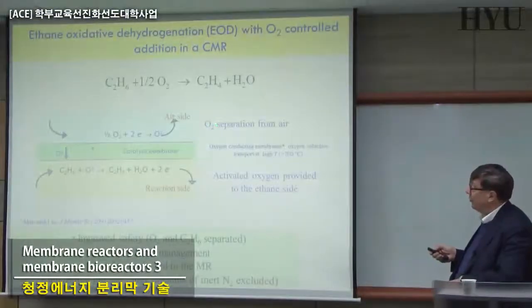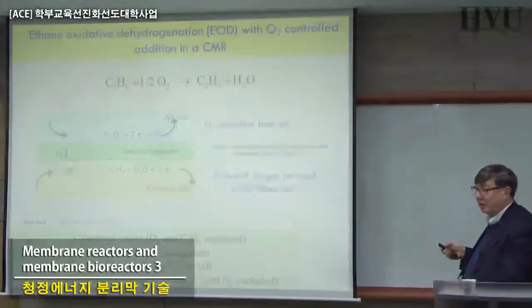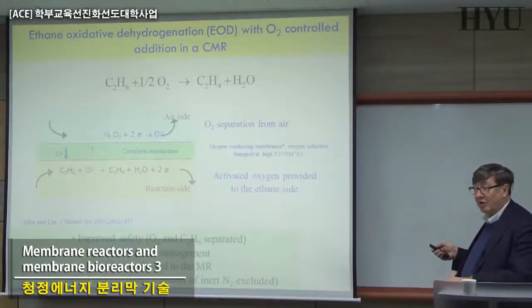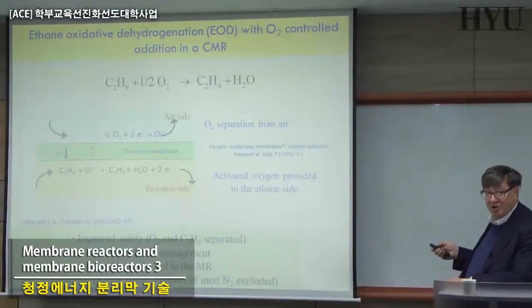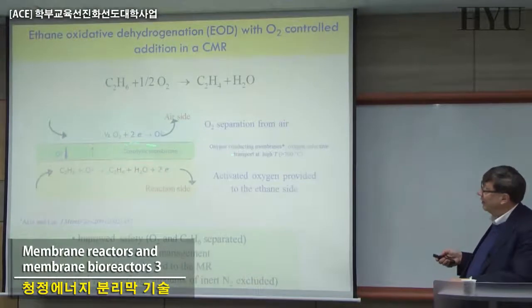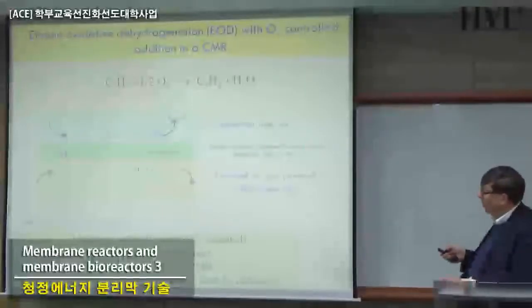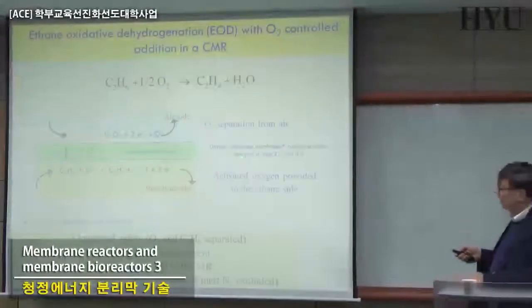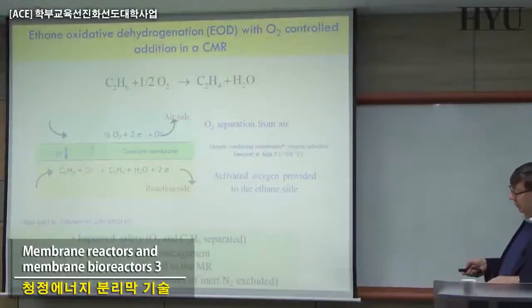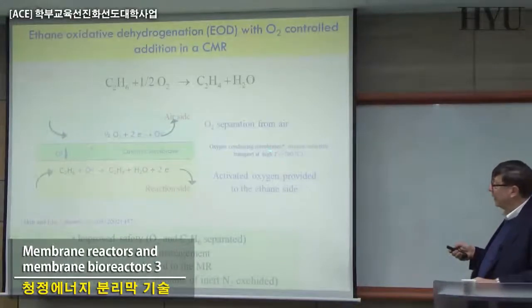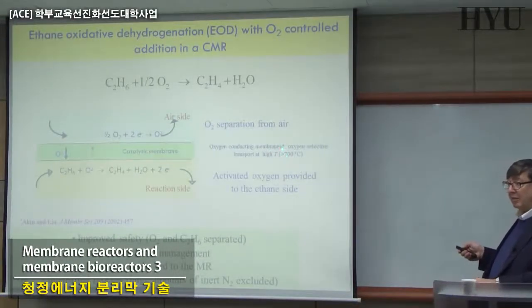You have to separate the oxygen from air, not using a cryogenic system or cryogenic distillation, but using perovskite oxygen-conducting membranes, oxygen-selective membranes. The only trouble that we have today, and we had when this work was done, is that you still have to operate at a relatively high temperature.